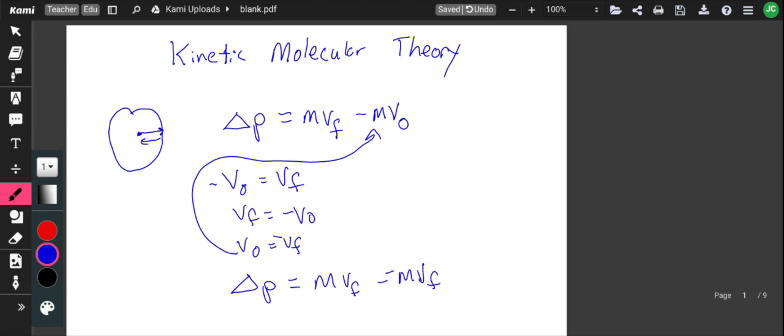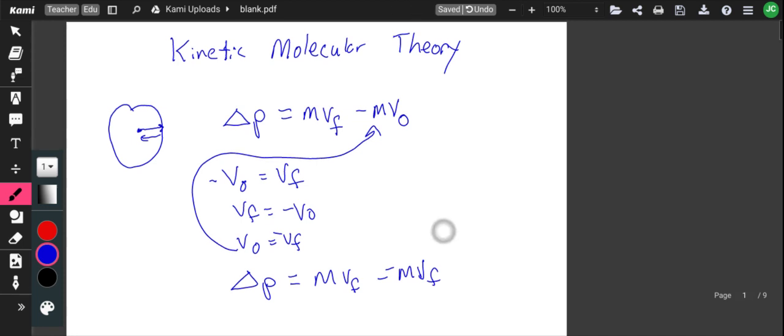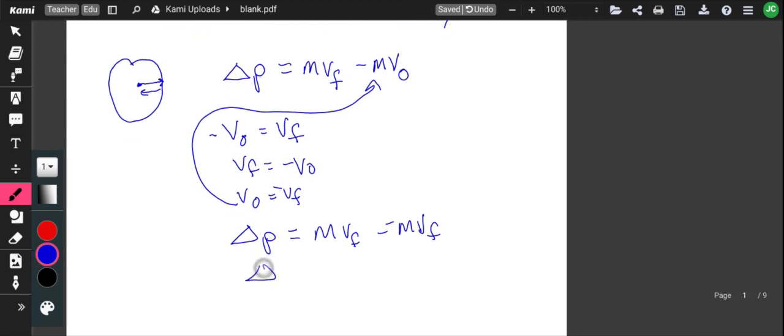So the velocities, the two negatives cancel out. And so we're just going to say that the change of momentum is equal to mv times 2. I'm just going to call it mv at this point. I'm going to drop the whole final and initial piece because the velocity hasn't changed. So whatever the velocity is, the change of momentum is 2mv.